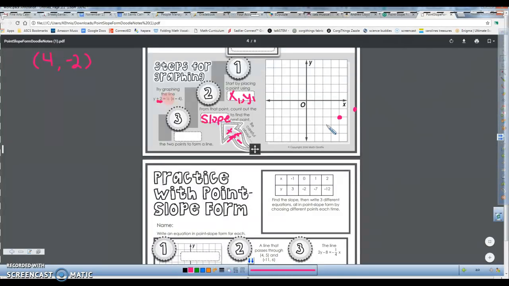Likewise, I can go down 1, left 2. That is still a positive direction. Okay, positive slopes lean this way. And then I would go ahead and connect all my points. Beautiful. And that is the third step, is to connect. Sorry, I didn't write it in first. Okay.